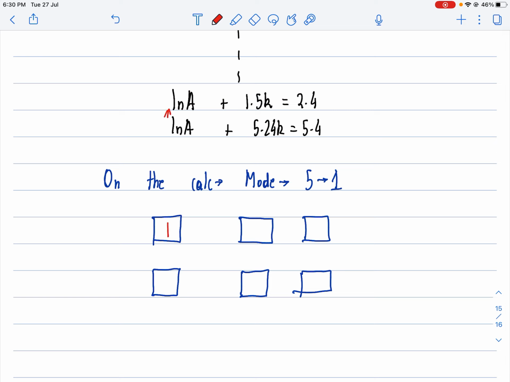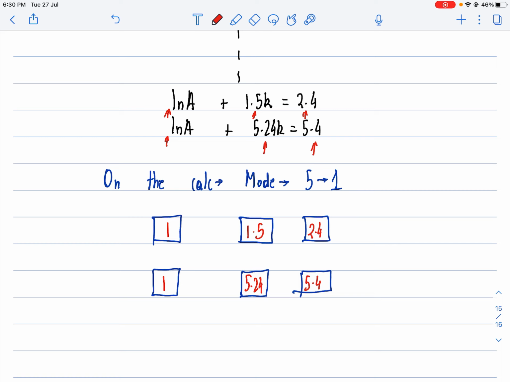So here I have 1, then I have 1.5, then I have 2.4. Basically just write the coefficients. Then I have 1, then 5.24, and then 5.4. So on the calci, just write 1, 1.5, 2.4, 1, 5.24, and 5.4.